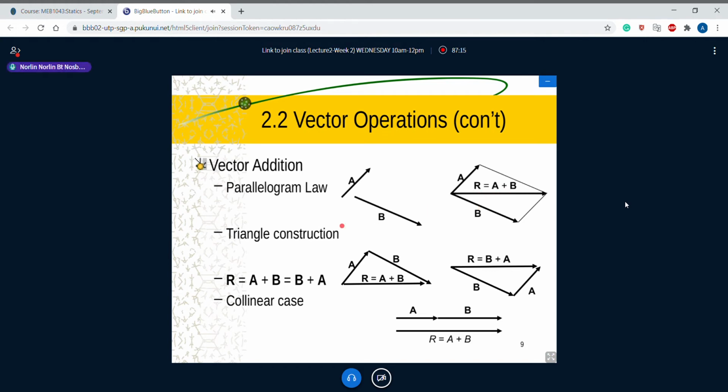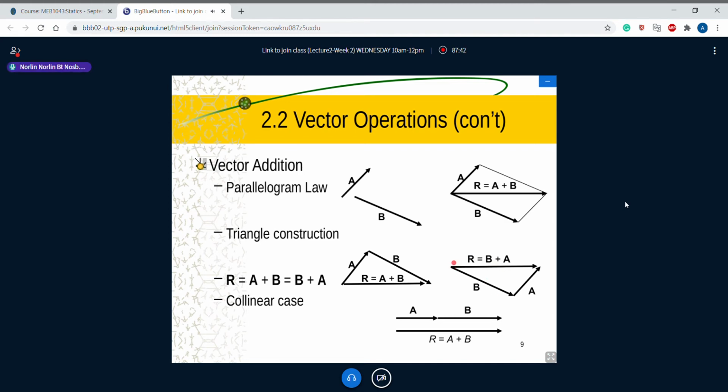For the triangle, the shape is a triangle, which is this one for vector A and then vector B. The total A plus B would be from the start point of A until the end point of B. So this is the vector A plus B. It can be another shape at the bottom.